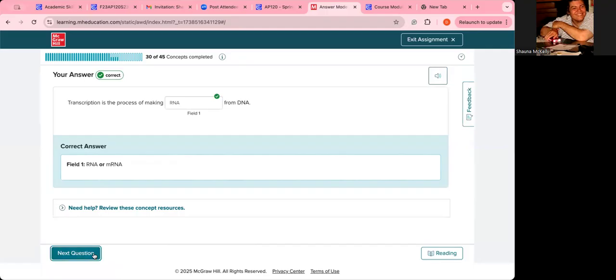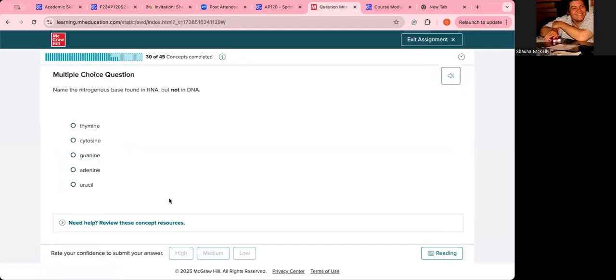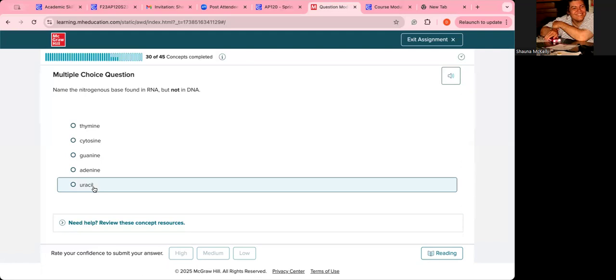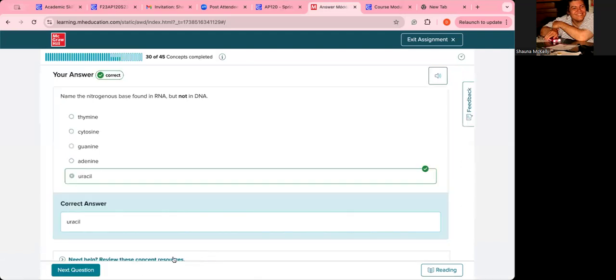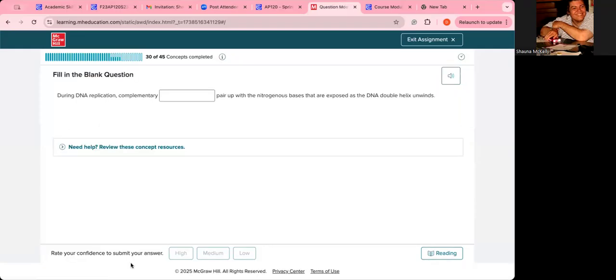Name the nitrogenous base found in RNA but not in DNA. I think it's uracil. That's correct. Yeah, that was an easy question.